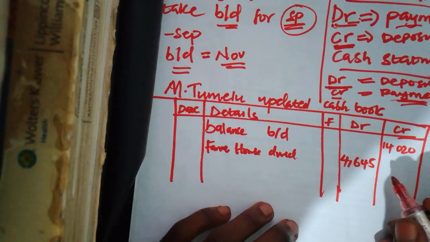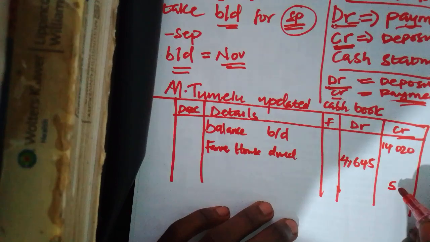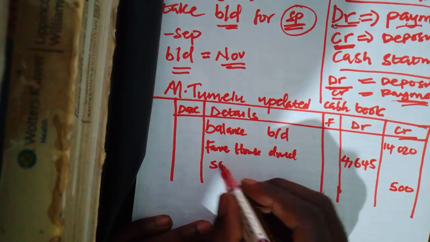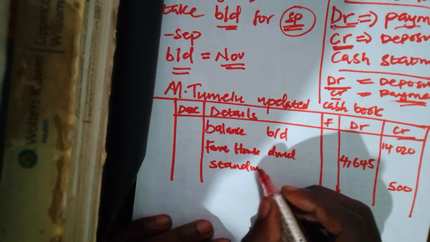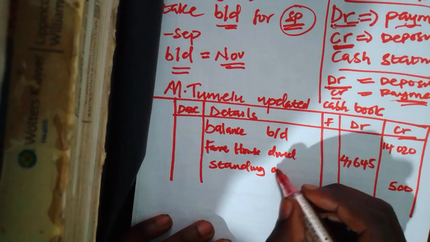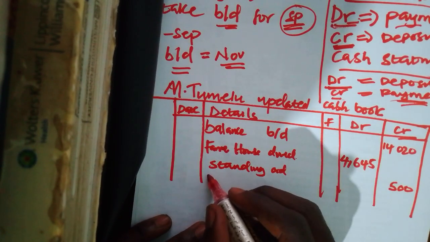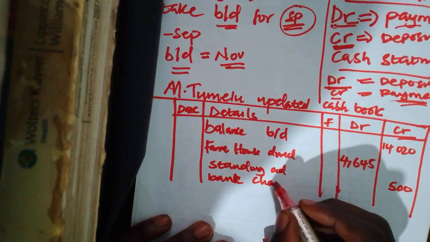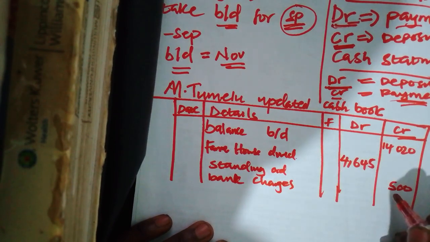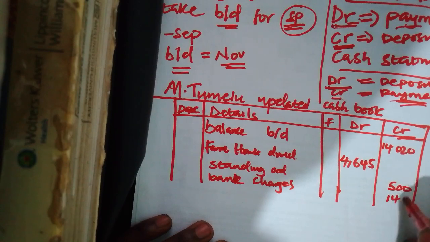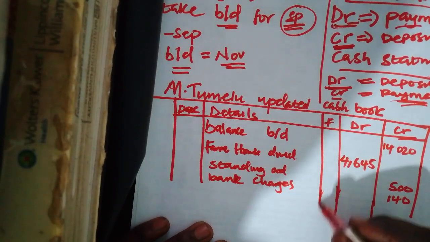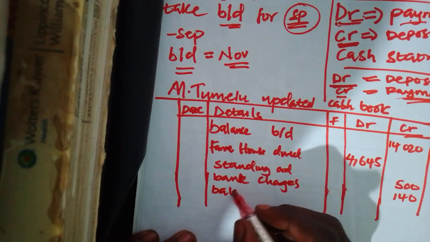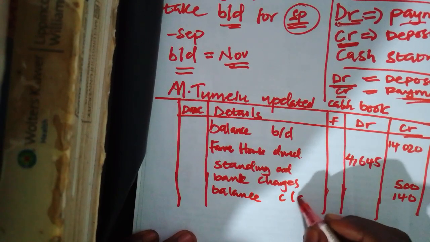So we add 500 for standing order, and we add bank charges to be 140. Then you say balance carried down.